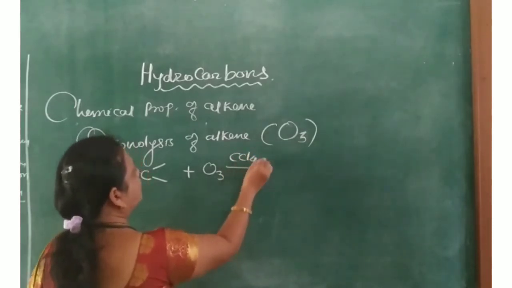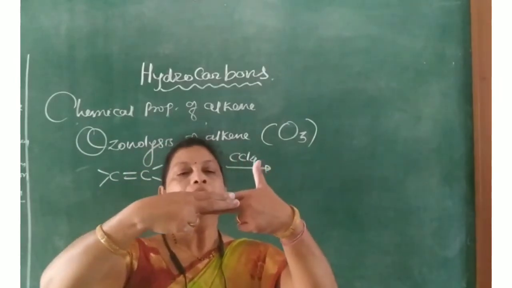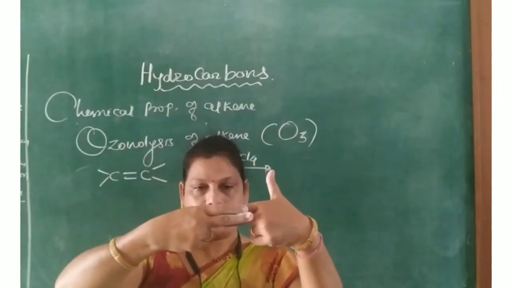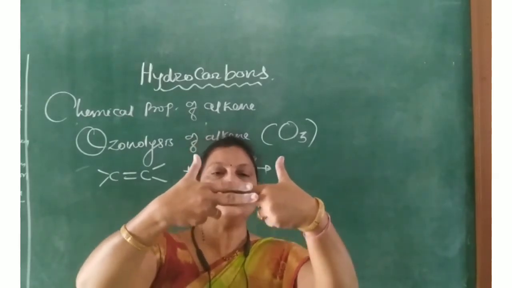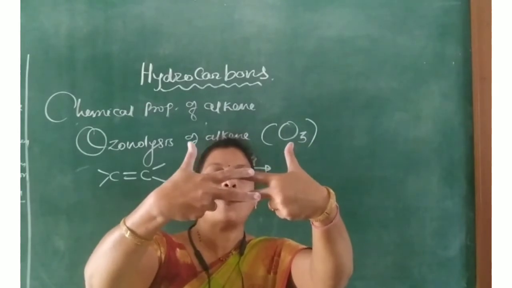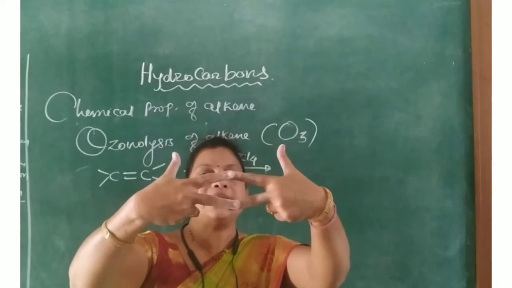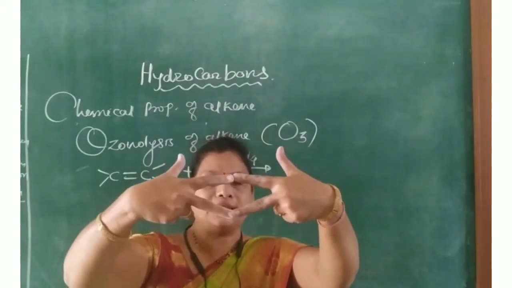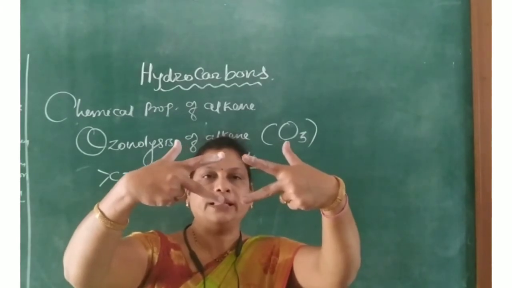presence of carbon tetrachloride. Now students, see here, this is the carbon-carbon double bond between these 2 carbons. The double bond is converted into this, and then it is cleaved or broken in this way.